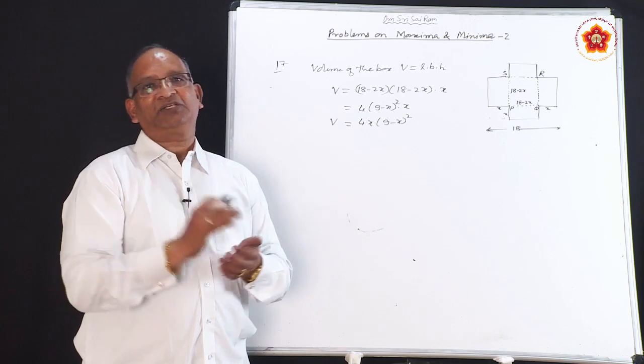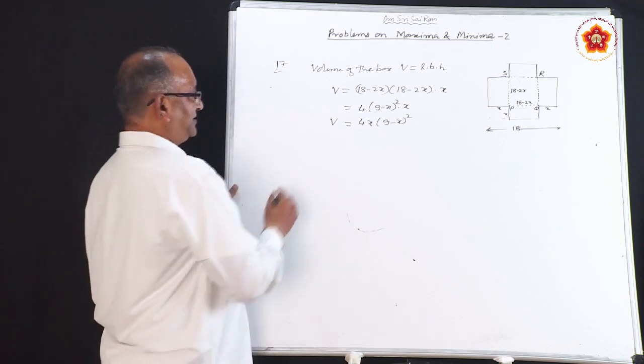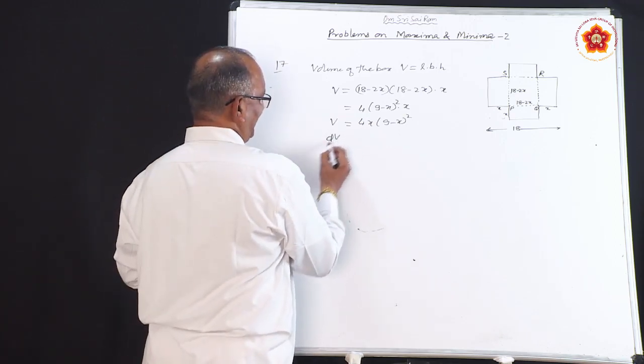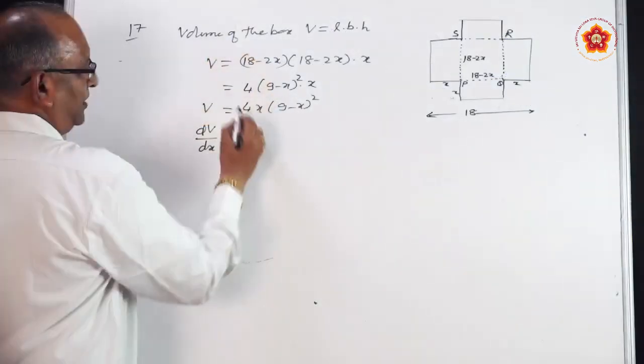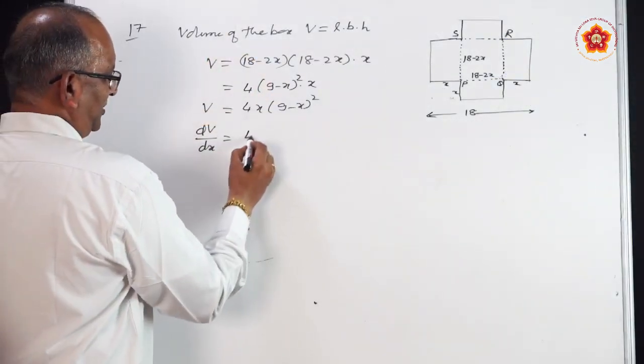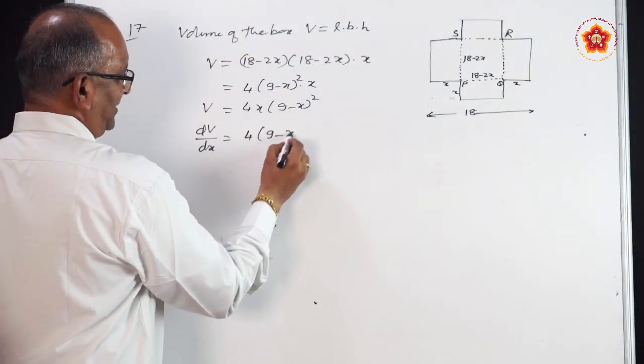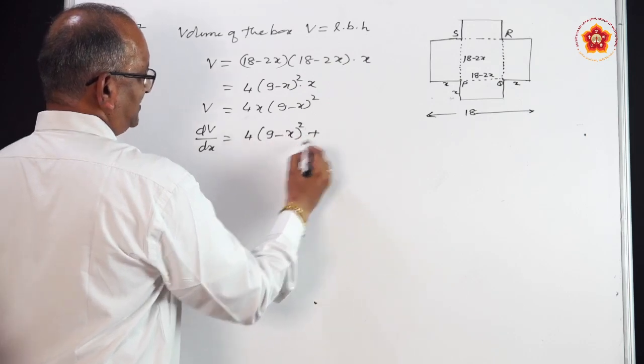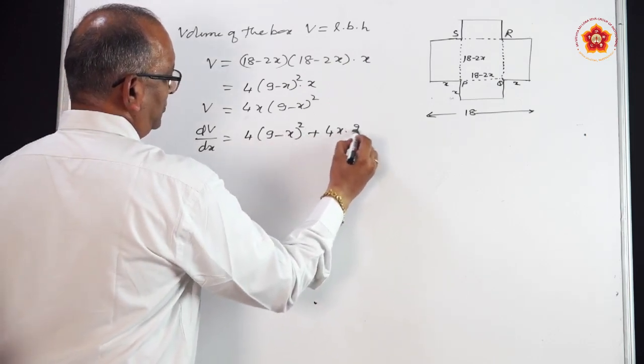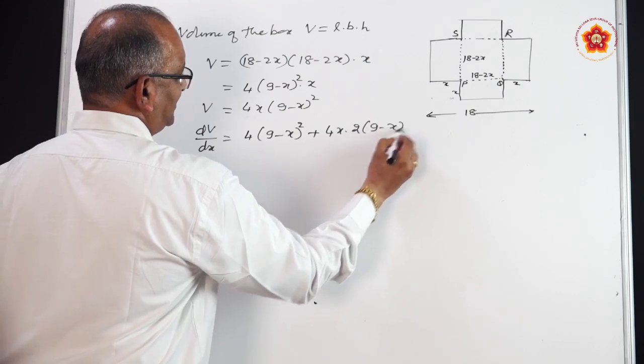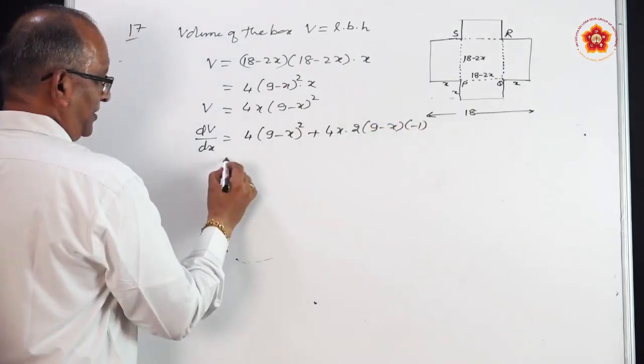If volume has to be maximum, the method is first find dV by dx. Use the product formula. So it is 4 into 9 minus x whole square plus 4x into 2 into 9 minus x into minus 1.